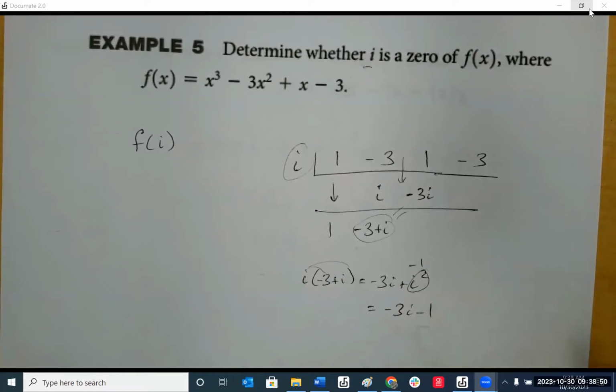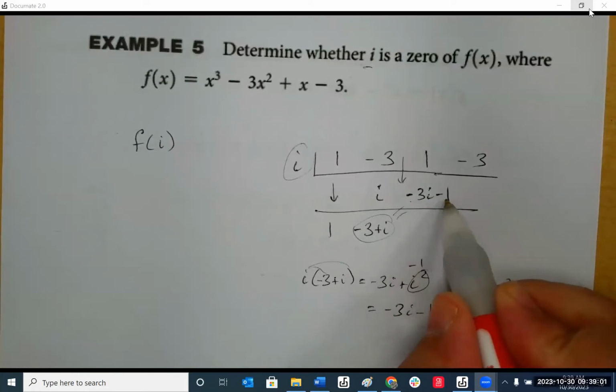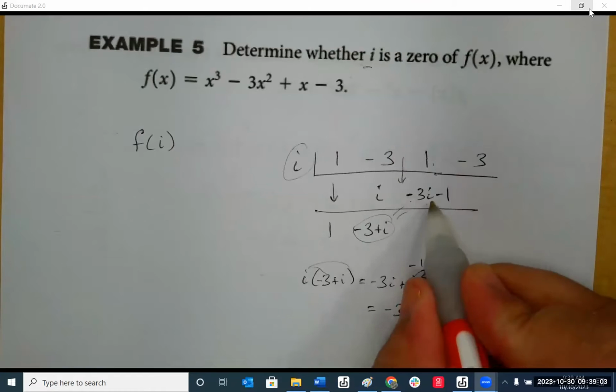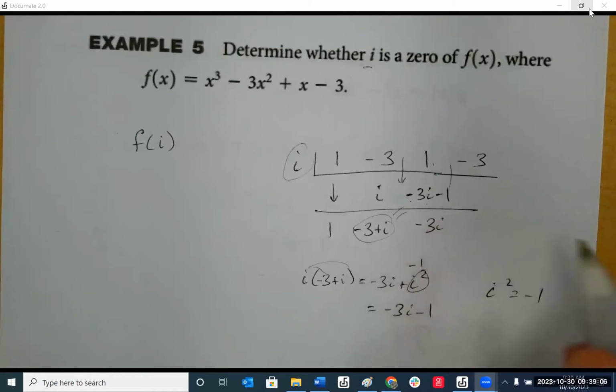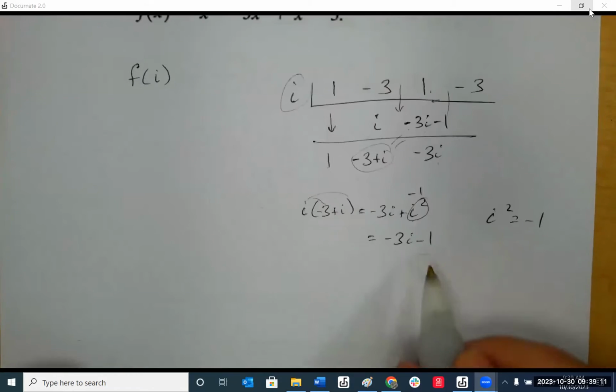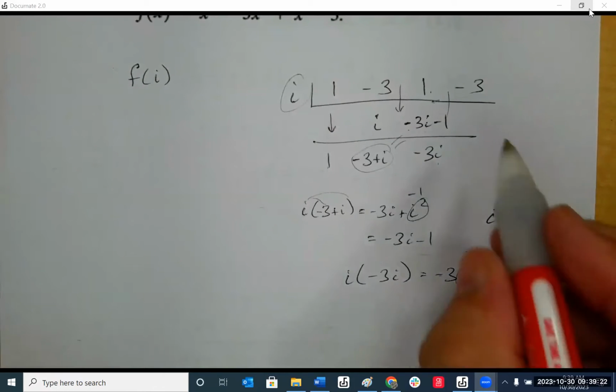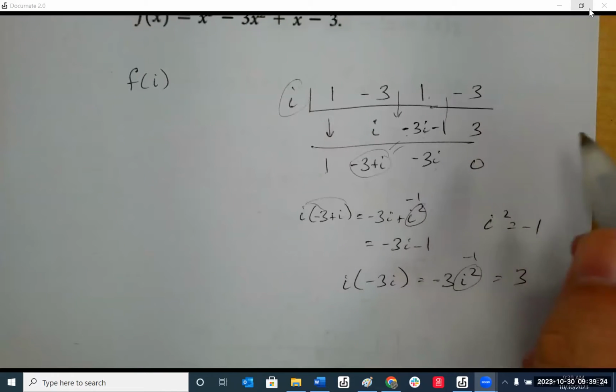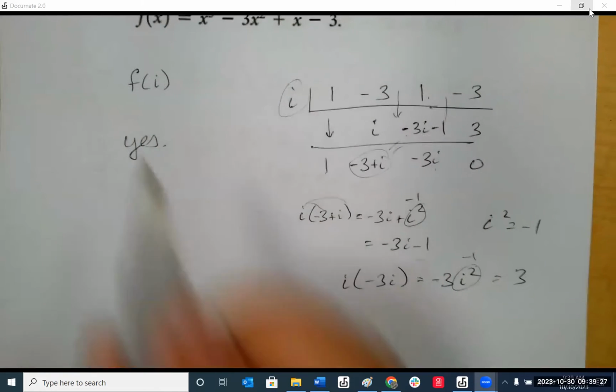So it's -3i minus 1. Remember, i squared is -1. -3i minus 1 plus 1, the ones cancel, so we get -3i. i times -3i is -3i squared. That becomes a -1. So it's a positive 3. Yes, it is.